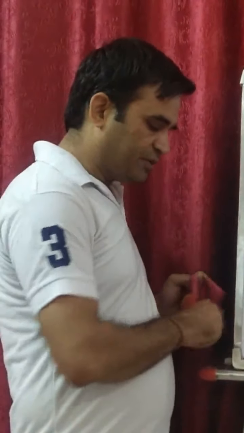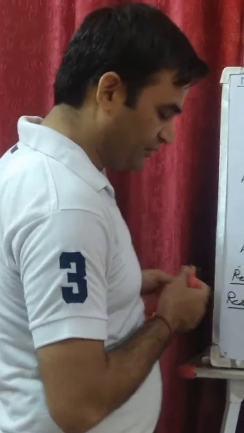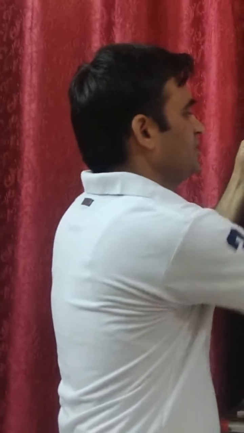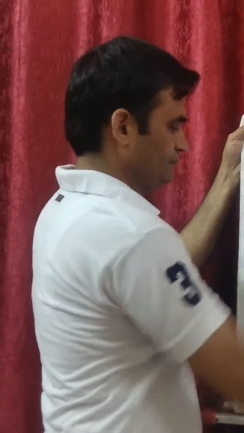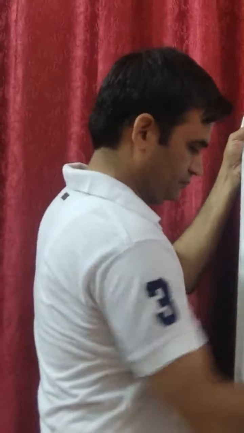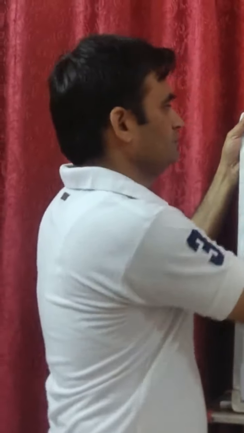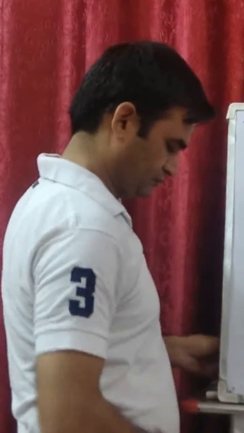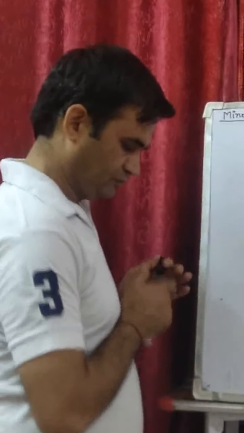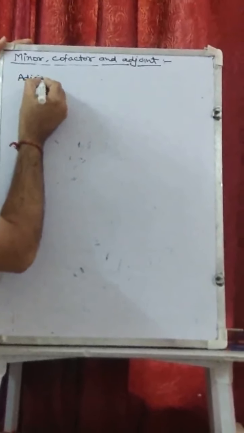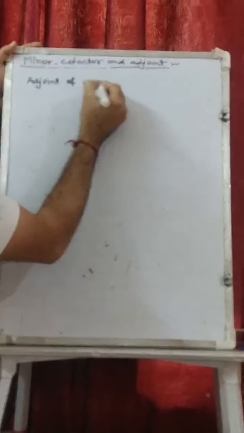After understanding minor and cofactor, now we are going to discuss the next part of it, that is adjoint of a matrix. So let us understand what is adjoint. Adjoint of a square matrix.